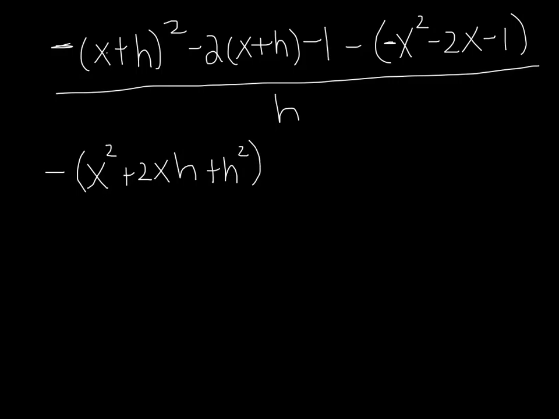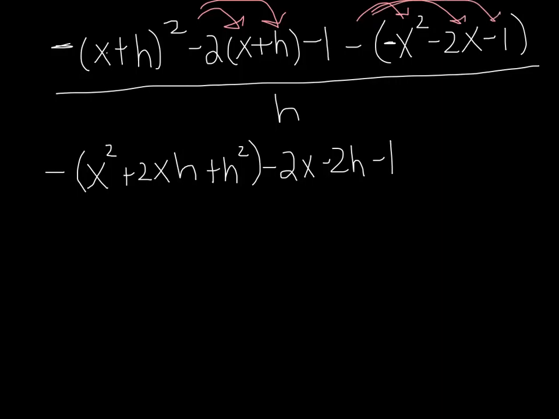Next we need to distribute the negative 2 in here. So that would be minus 2x minus 2h minus 1. Then distribute the negative here, and that's plus x squared plus 2x and plus 1.